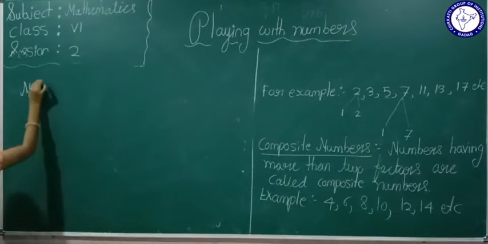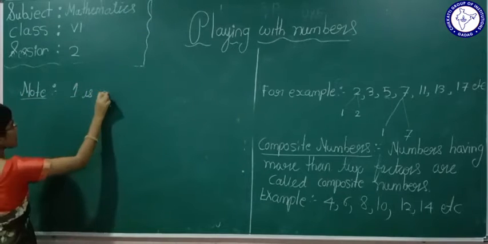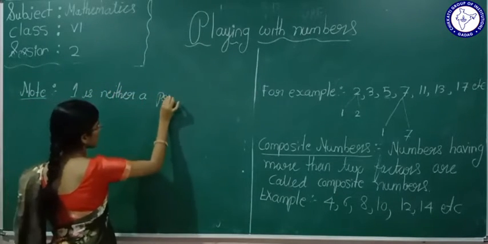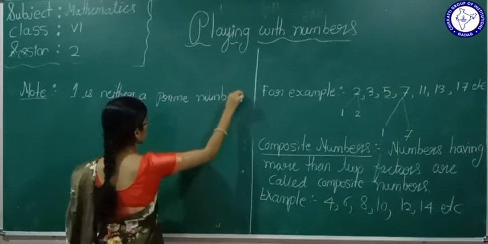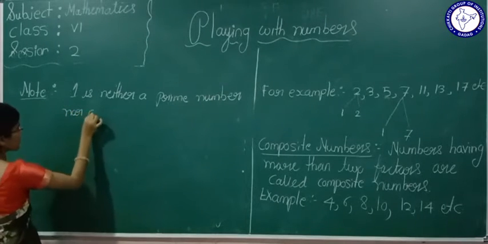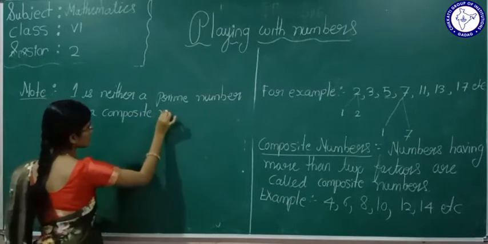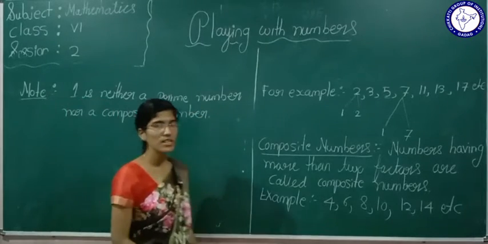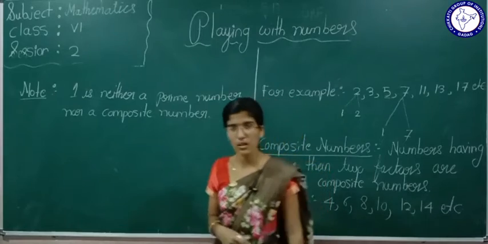See a note: 1 is neither a prime number nor a composite number. So this 1 is neither a prime number nor a composite number. You have to remember this.